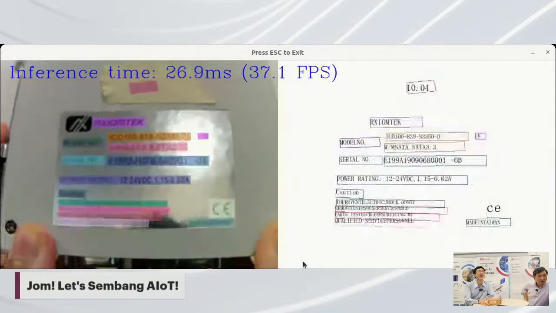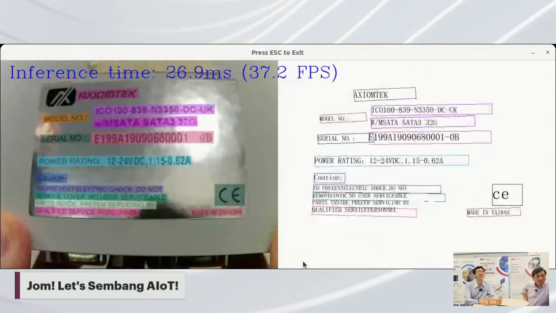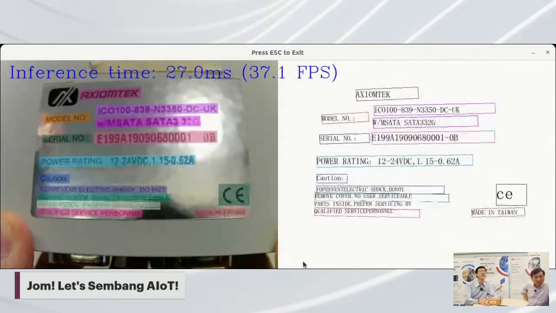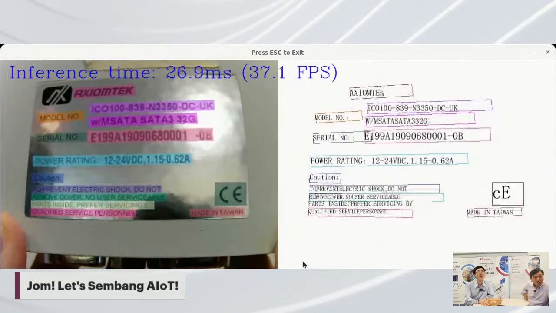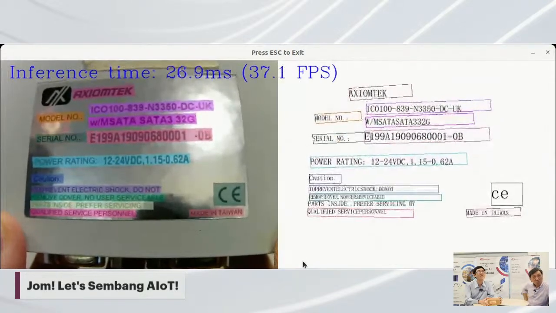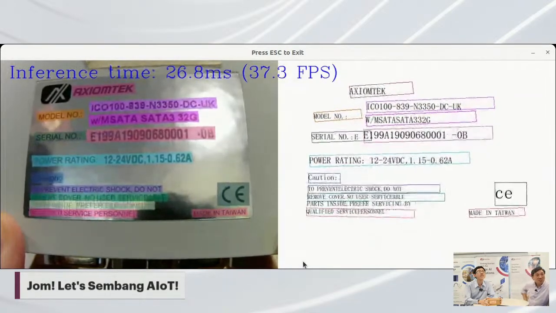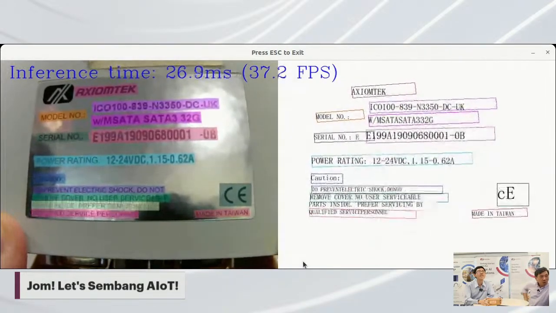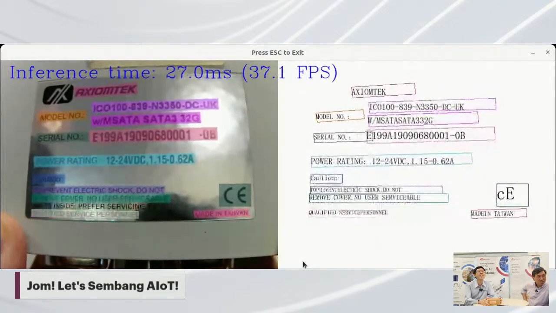Wow, because there's reflection, but it seems to be able to gather everything. See, the Made in Taiwan is always there. Very nicely captured. And then the serial number, I know all our products start with E, E19, all this is correct. The serial number is correct. And then let me read the caution, to see whether something is wrong.